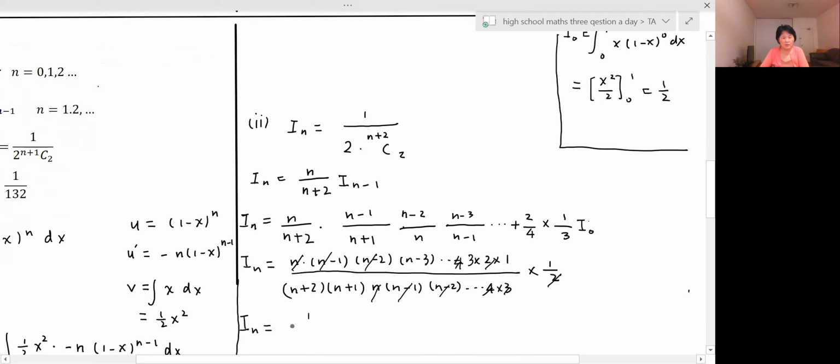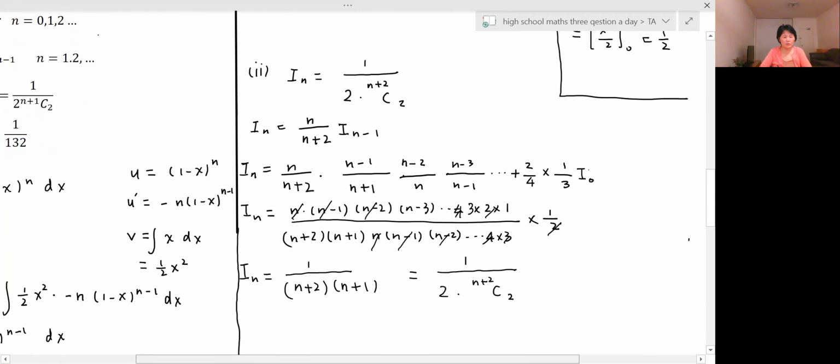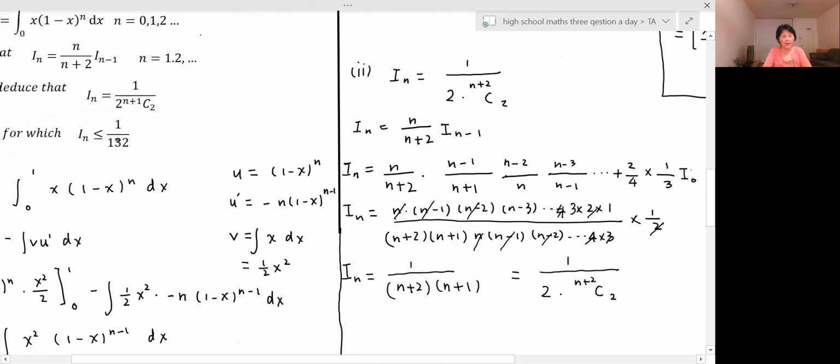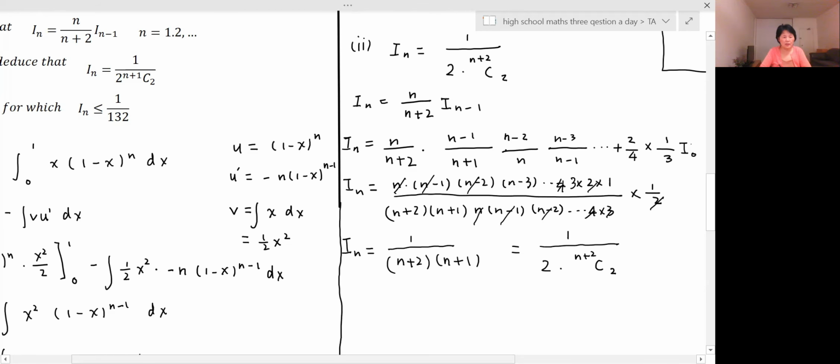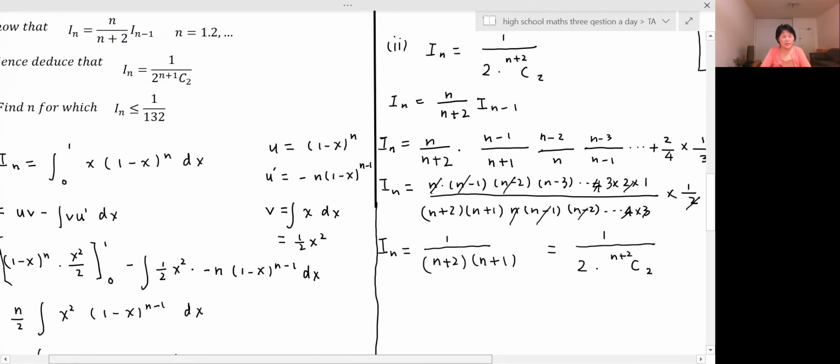Then it will be equal to 1 over (n+2)... so just equal to 1 over 2 times (n+2)(n+1)... Okay, so the question wants to show I_n equal to this one, which I already showed.